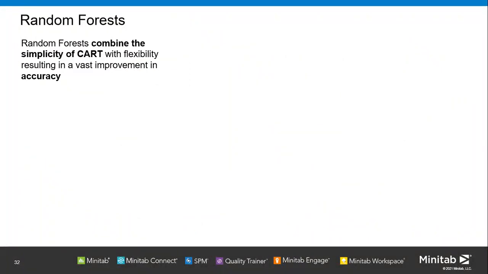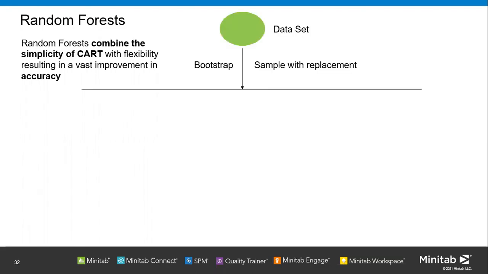I will go for the random forest first. Random forest basically uses bootstrap sampling, which is sampling with replacement. For example, we have 100 data points and they collect 10, build the model, build the CART, and then put them back to the original set.